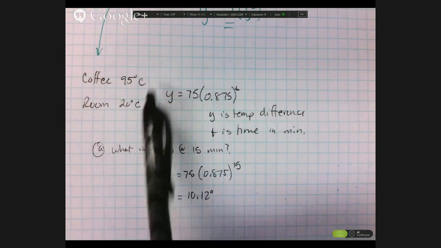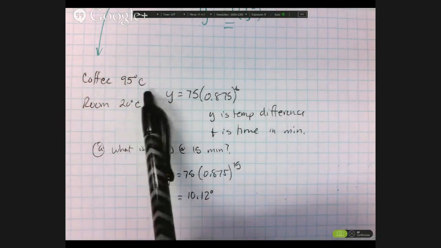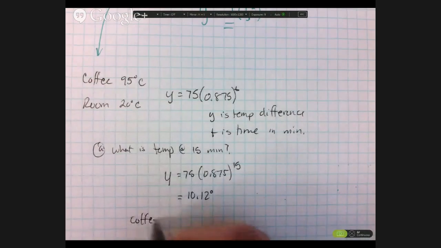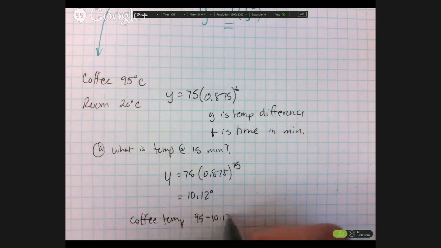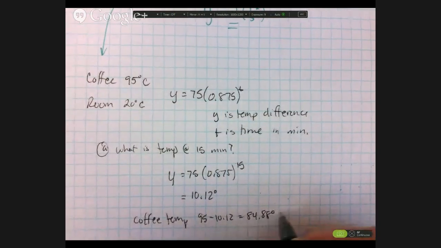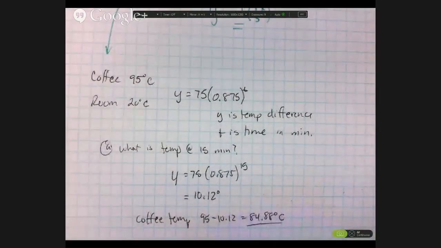Right, you have to subtract it because it's the difference from the starting point. All right, so the coffee temp is 95 minus 10.12, which is, okay. Did I get it right? Yeah. Okay.